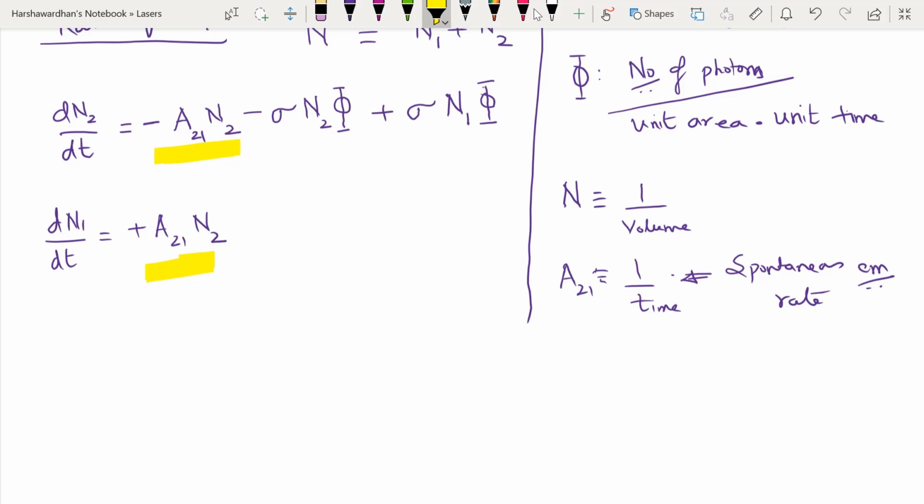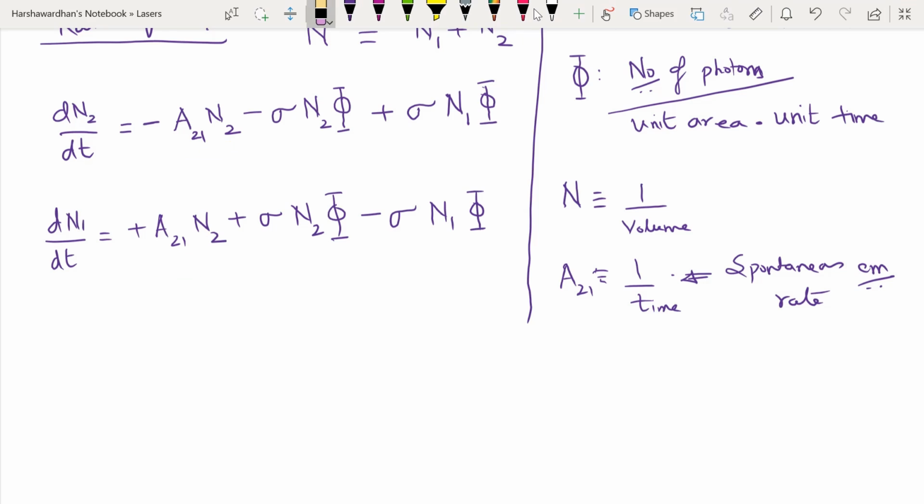Similarly, the stimulated emission process will actually lead to an increase in the number of atoms in the ground state. That is given as plus sigma times N2 times phi. There's a stimulated emission which is bringing the atoms from the excited state to the ground state. And you have the absorption process which is actually decreasing the number of atoms in the ground state. Hence that is given as minus sigma times N1 times phi.